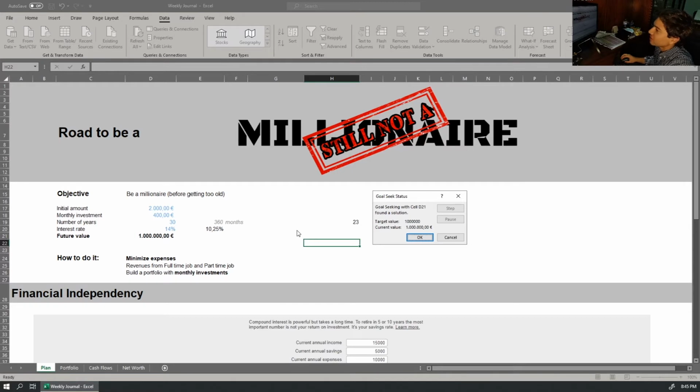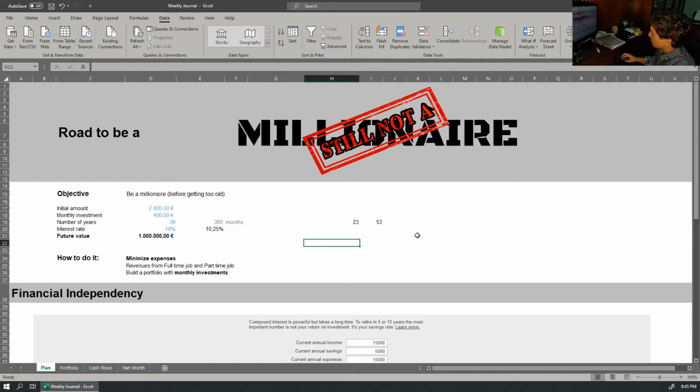Well, 14% is already quite high. It means that I would have to face some potential risks, and in my perception, it's not very realistic to assume that I would be able to consistently have a 14% return during 30 years. I would be an amazing investor. So I don't think that this is the path.